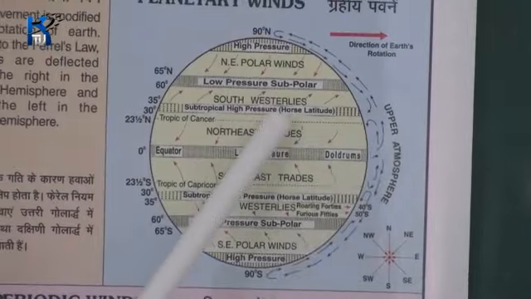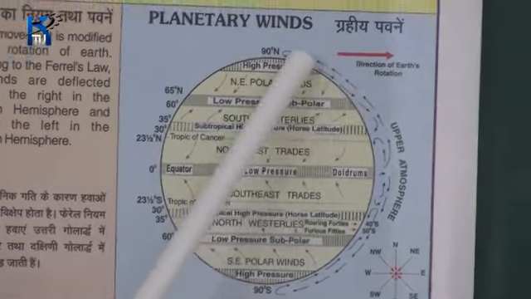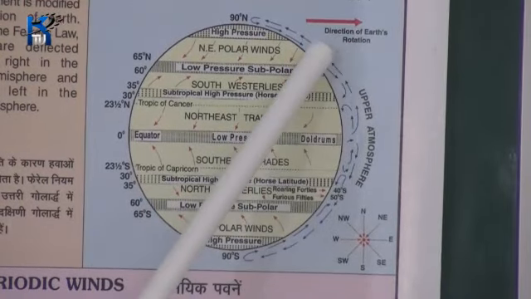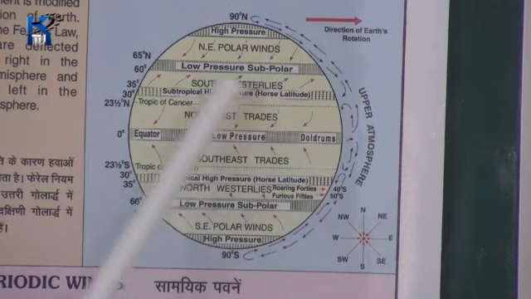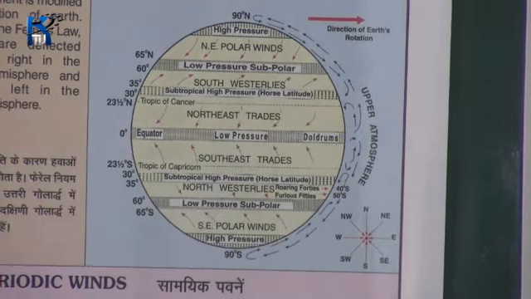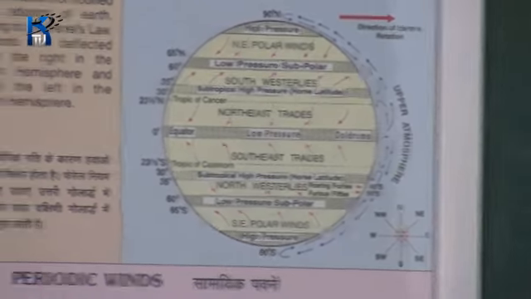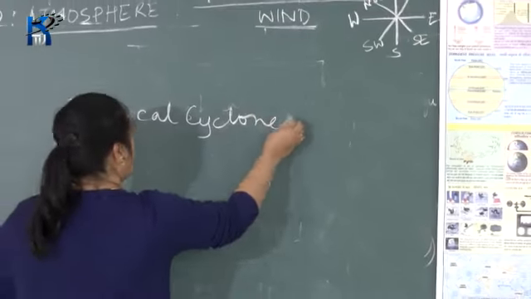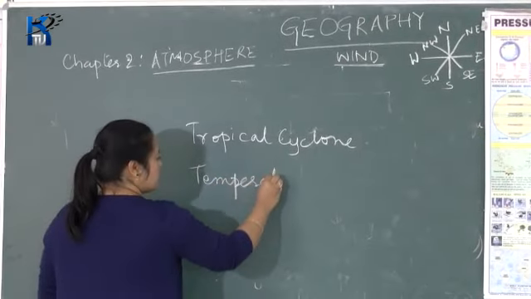So, they are known as tropical cyclones. And between the polar cell and Ferrel cell, there is a convergence of cool winds. Here form the temperate cyclones. There are two cyclones: tropical cyclone and temperate cyclone.